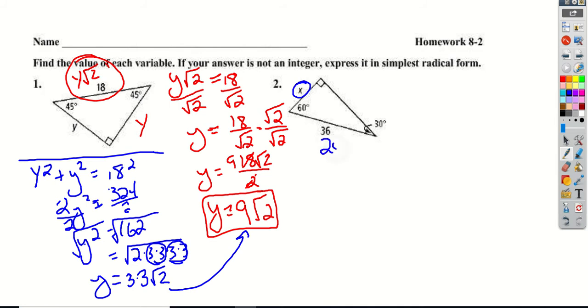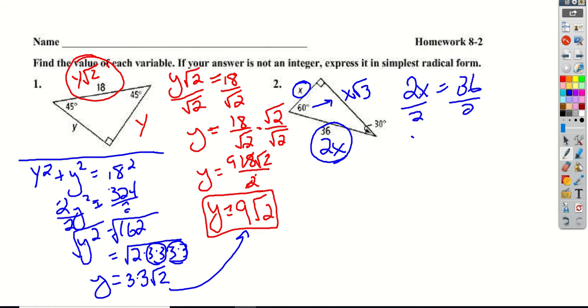So this hypotenuse is 2x, and this long leg across from the 60 is x times radical 3. Now I already know here that 2x is 36. So this lets me determine x very simply by just dividing by 2, and I get x is equal to 18, and I'm done. There's the shortcut.